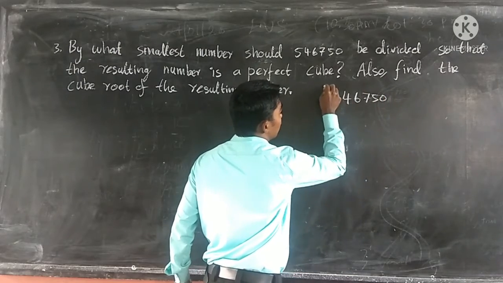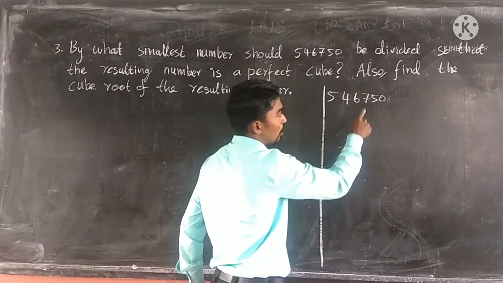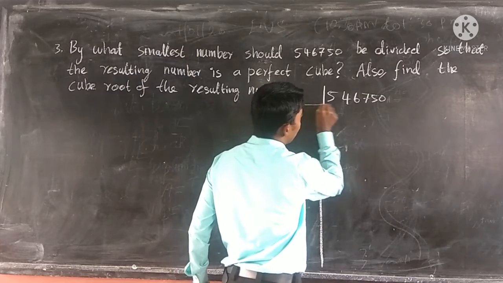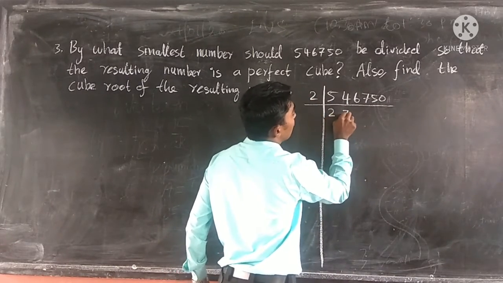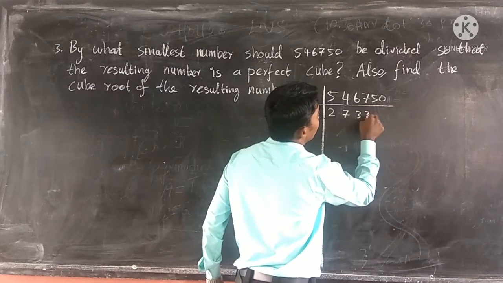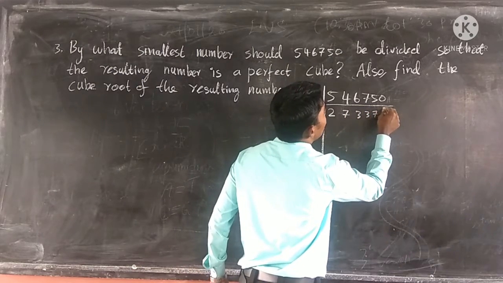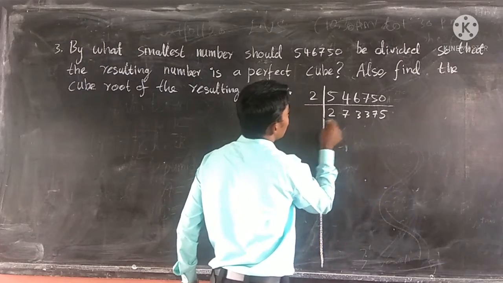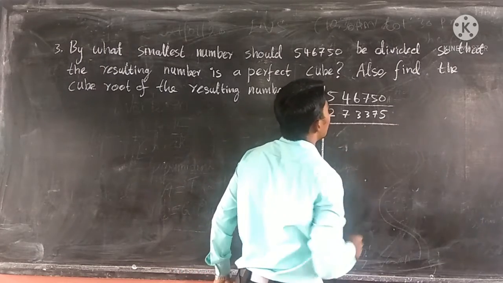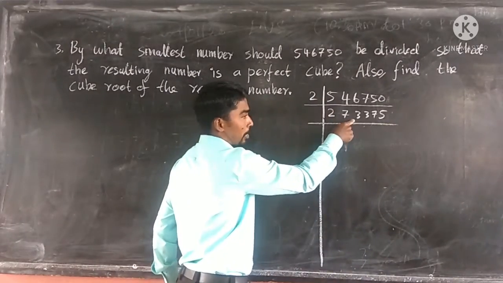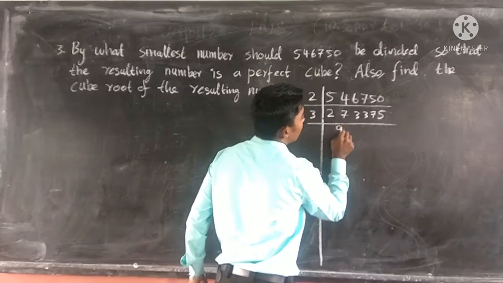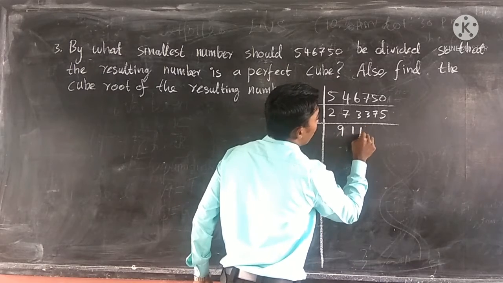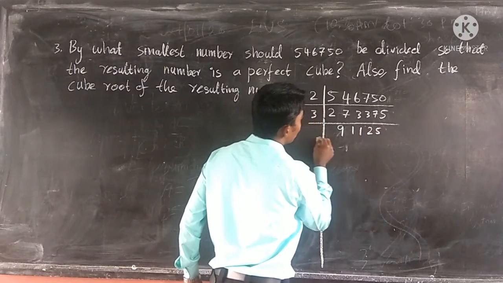5,46,750 can be divided by 2, we will get 2,73,375. This number can be divided by 3, we will get 91,125.